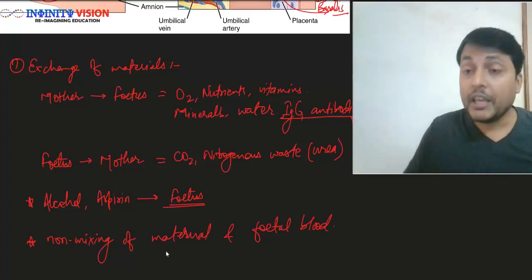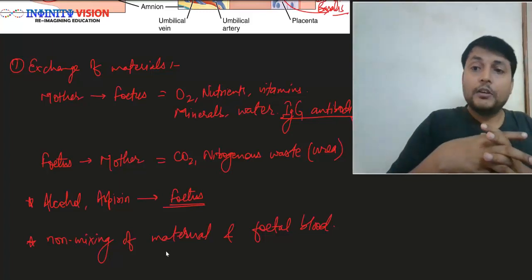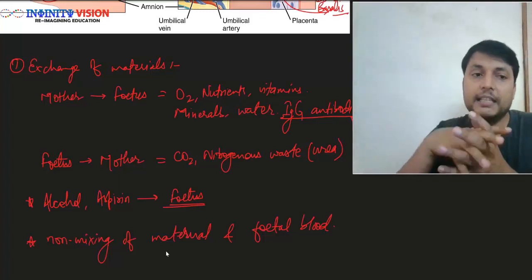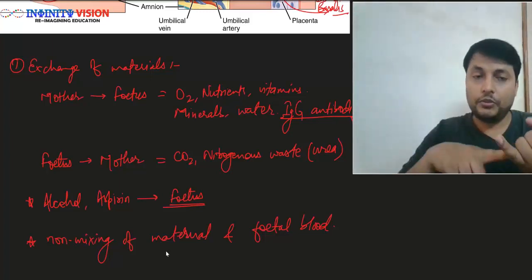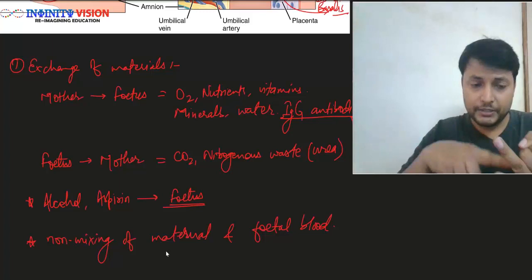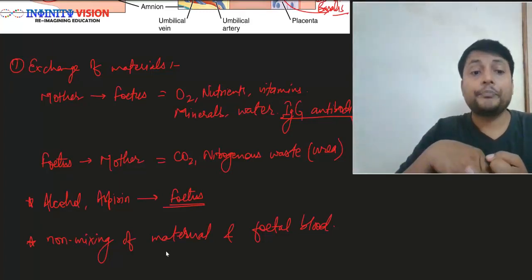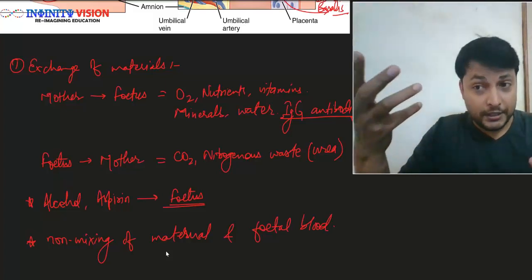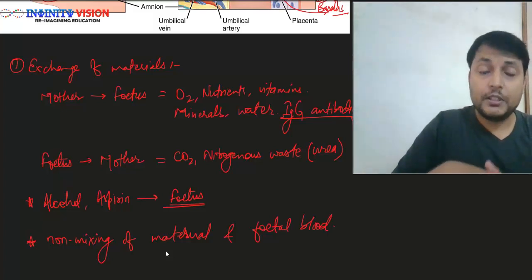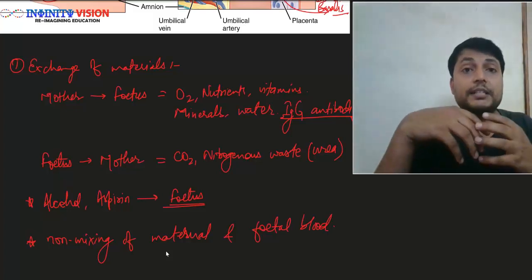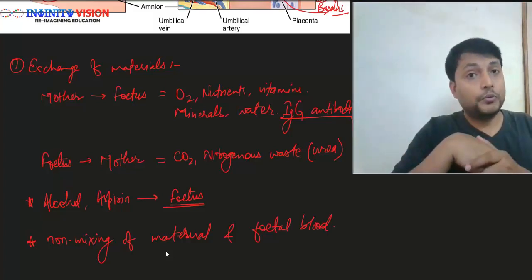Okay, so if we consider the functions of placenta, the main function is the exchange of materials, such as exchange of O2, CO2, nutrients, vitamins, minerals, water, nitrogenous waste, or even the exchange of some other drugs or alcohols that occurs through placenta. We also saw that through placenta, the smallest antibody, that is IgG, can cross and go to the fetus.